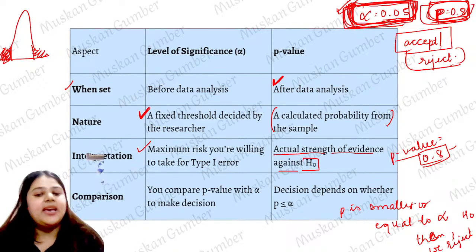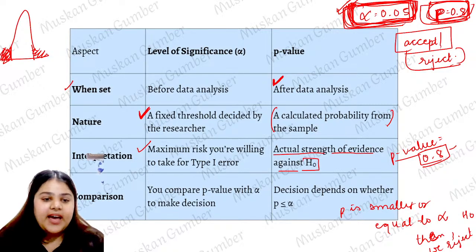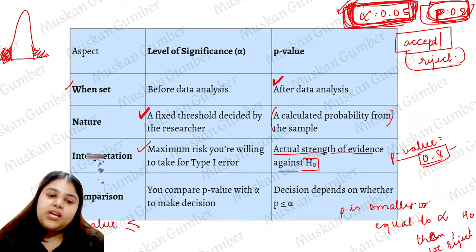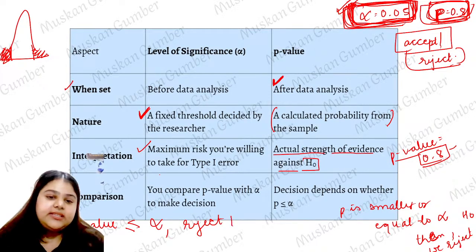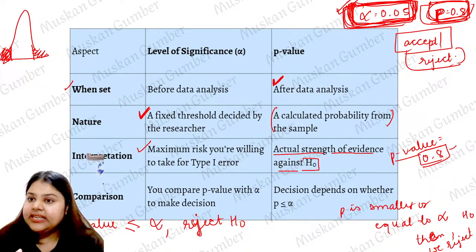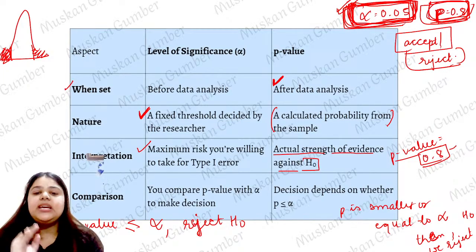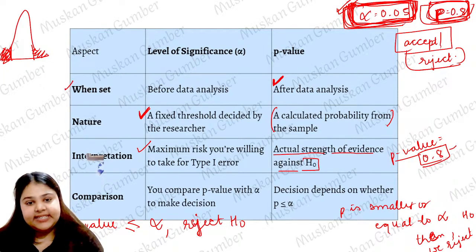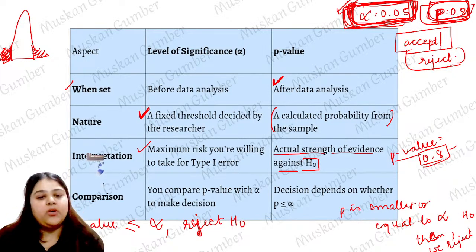We will be accepting the null hypothesis, which means the p-value should be lesser or equal to my alpha value for us to reject the null hypothesis. The evidence that I am getting should be smaller or equal to the alpha value that I have set up, only then we will be able to reject our null hypothesis. Otherwise, it will be retained.